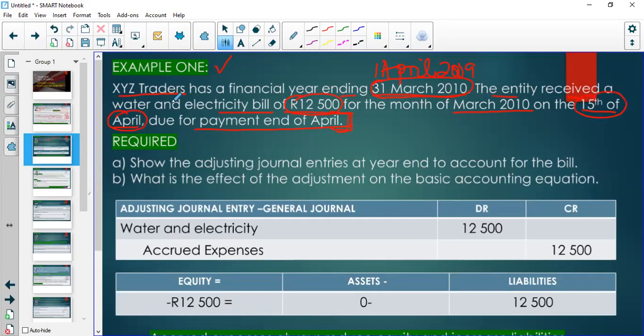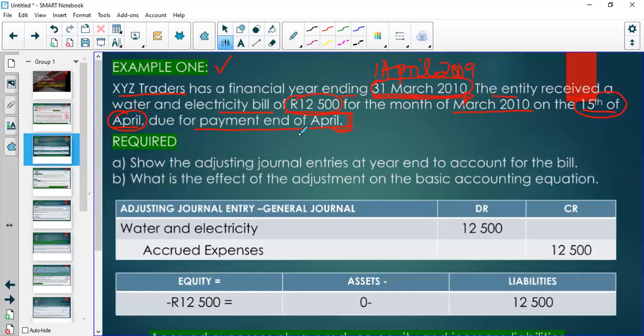So how are we going to deal with that? We know that what we have recorded up to 31 March is not complete. We have to make additional recording for the month of March. The month of March is included because our year starts on 1 April 2009 and covers 31 March 2010.